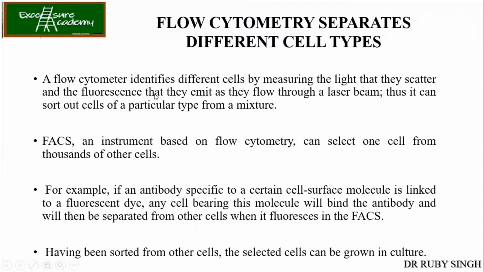Flow cytometry identifies different cells by measuring the light that they scatter. What does it mean? Whenever you pass the mixture of cells, monochromatic laser light will fall on each cell, and the light they scatter and the fluorescence that they emit as they flow through the laser beam will help in sorting out the cells from the mixture.